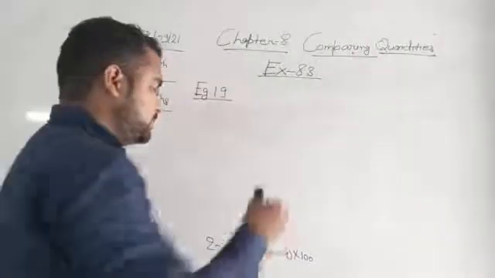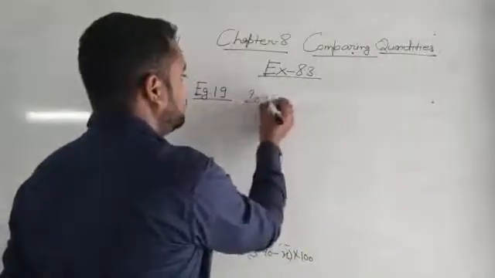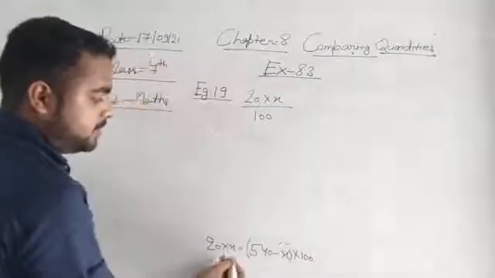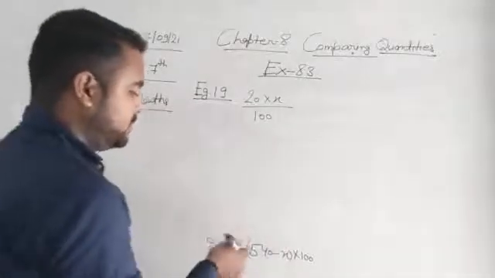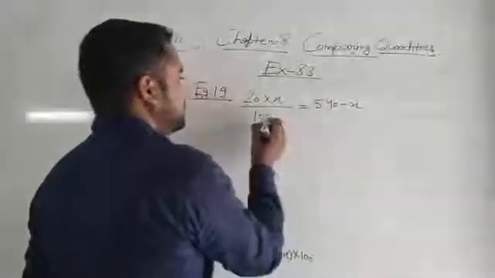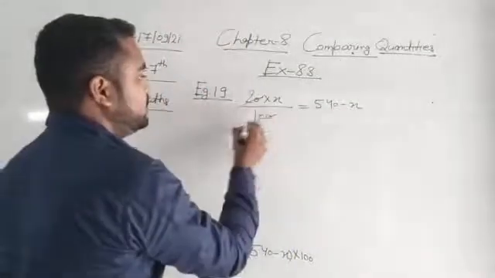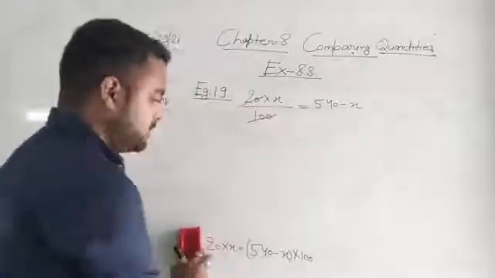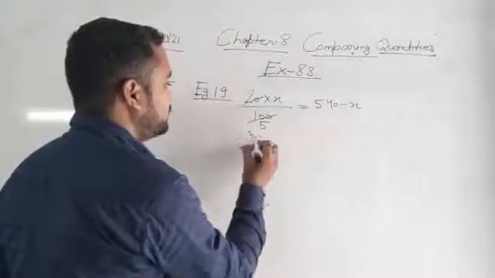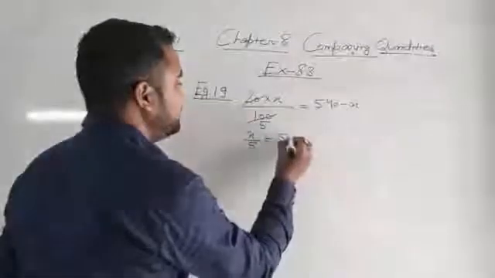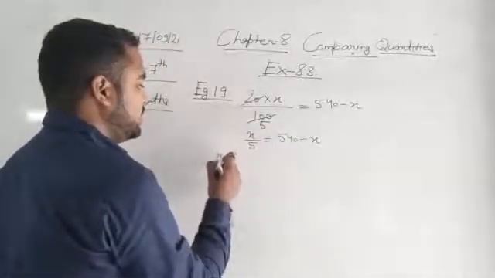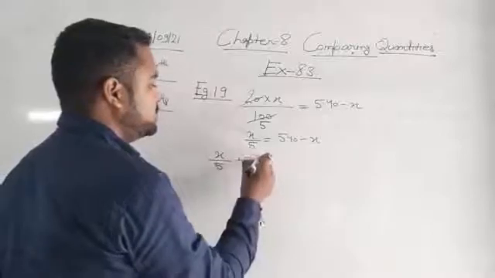For the next step, 20 into X upon 100. When this 100 goes to this side, it comes with a divide sign, equal to 540 minus X. Now 100 divided by 20 gives 5. So X upon 5 is equal to 540 minus X, and when X comes to this side, X upon 5 plus X is equal to 540.